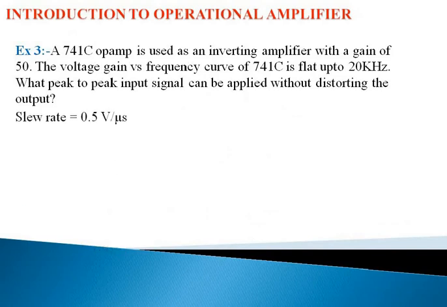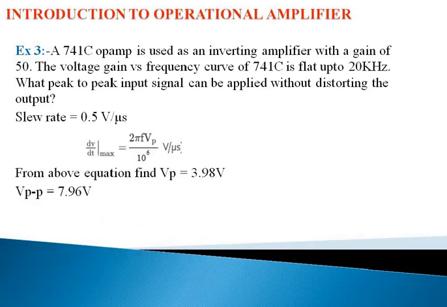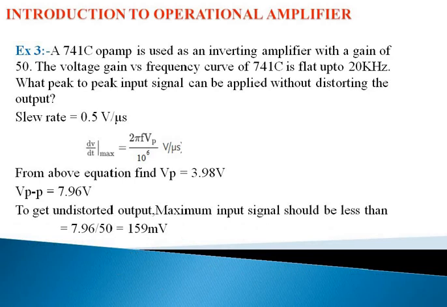Then here is one numerical based on slew rate. A 741C op-amp is used as an inverting amplifier with a gain of 50. Voltage gain versus frequency curve of 741C is flat up to 20 kHz. What peak to peak input signal can be applied without distorting the output? So here slew rate, we know for 741 it is 0.5 volt per microsecond.